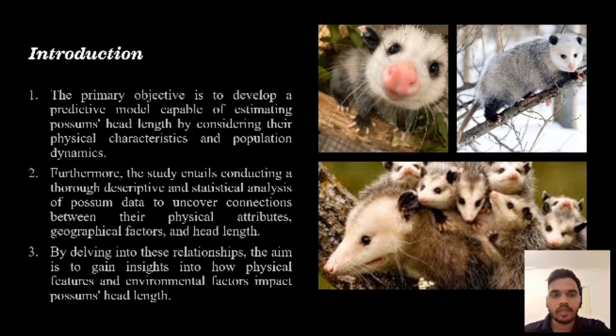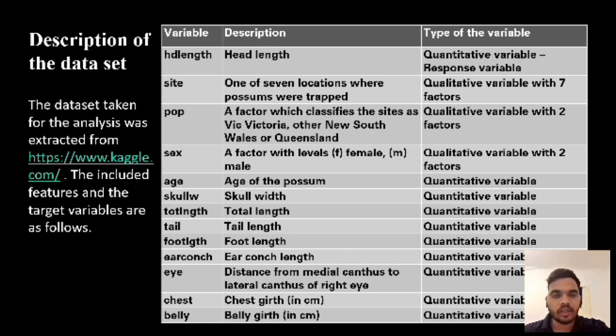And here we have a data table where we describe the variables, give some description of each, and the type of the variable. So let's start.